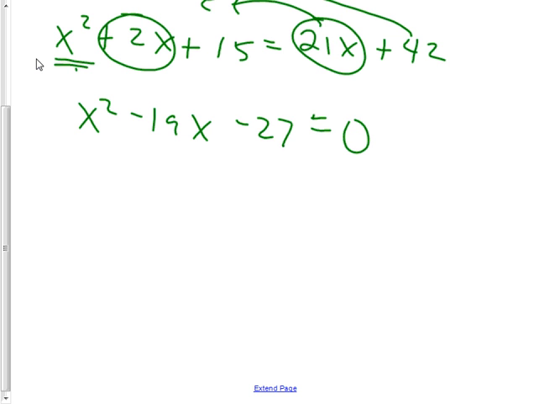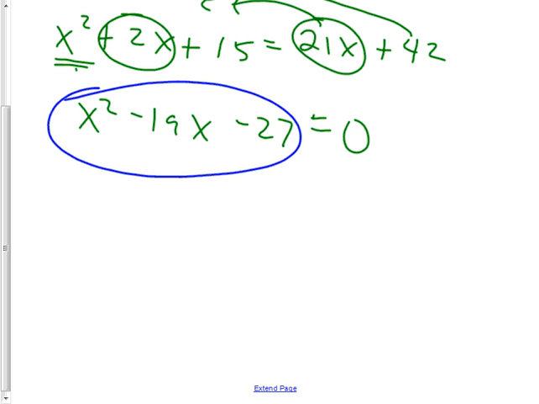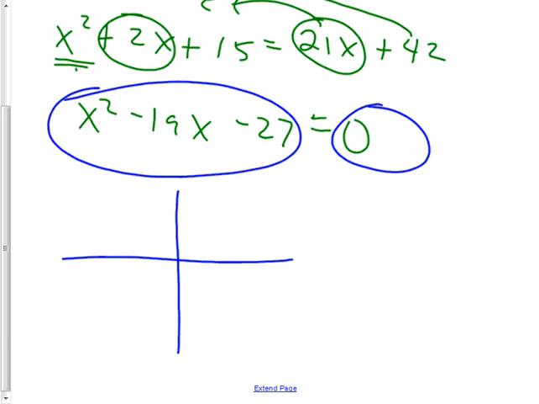You graph, yep, graph this side, graph that side, see where they cross. When I graph the one, it's a quadratic, and the other, it's 0, and so it's like that. And then where do they cross? Here and here, and you find your answers. Now, if it's solved algebraically, the numbers would be nicer, and you'd use the quadratic formula.